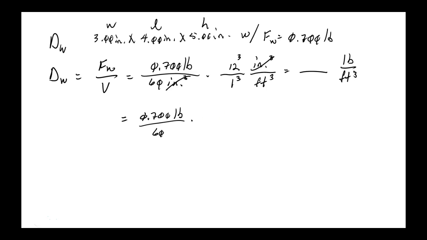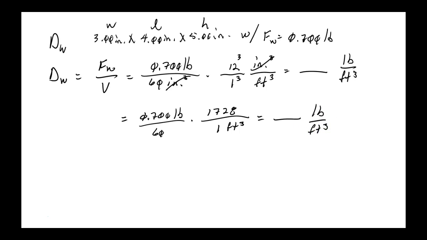I don't know what 12 cubed is right off the top. I know it's 144 times 12, but someone got a calculator? Give it to me. Okay, that will be divided by 1 cubic feet, because 1 cubed is that cubic foot. Okay, and that's going to equal our weight density in pounds per cubic foot.